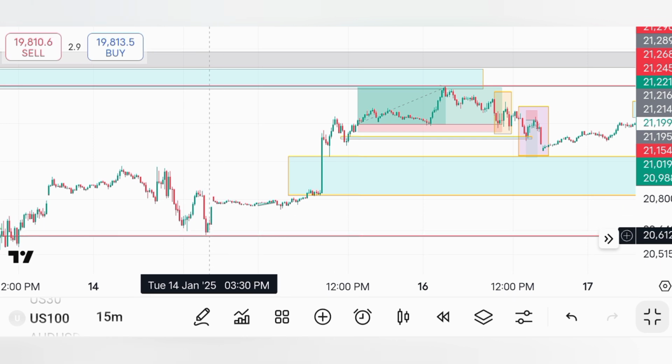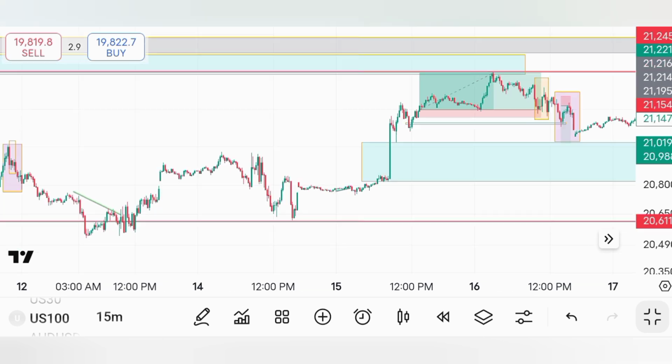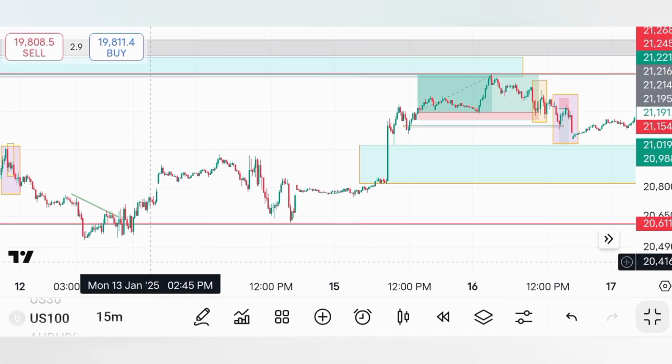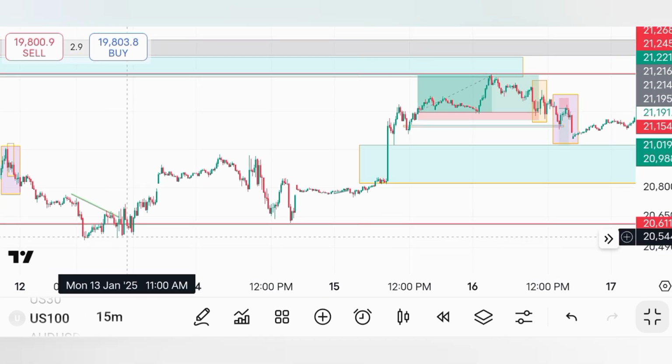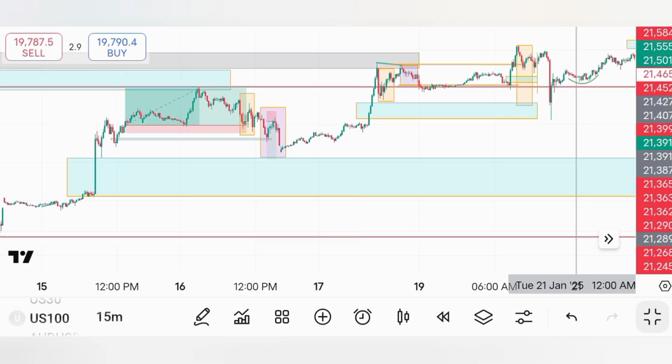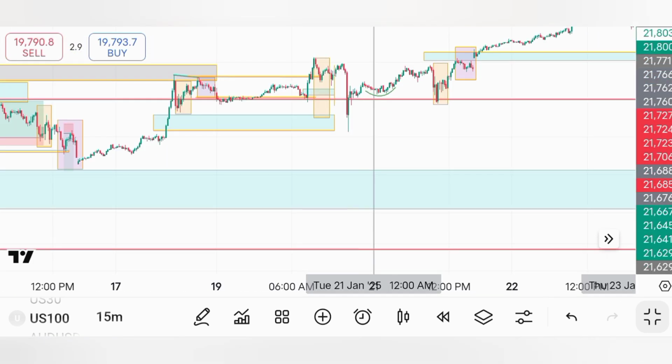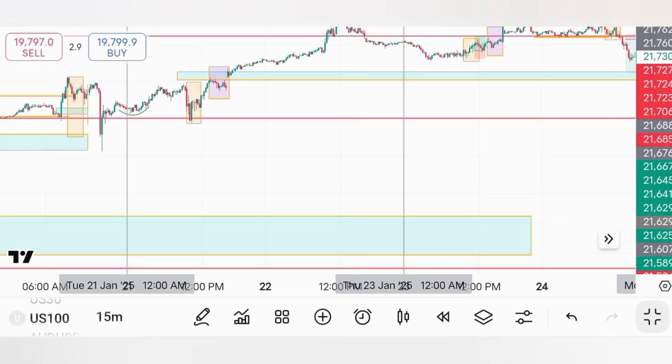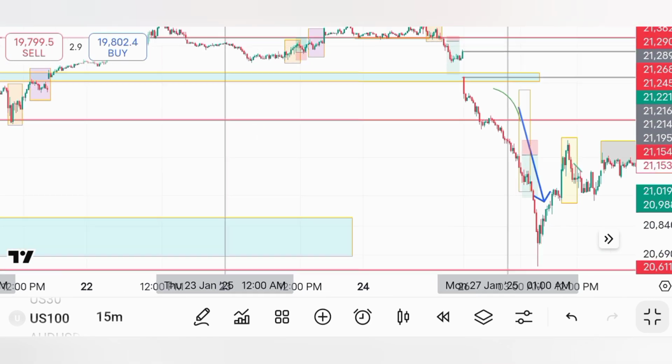So price didn't need to go all the way to these lows down here for us to have gone a second time in the next session. That was the PM session.